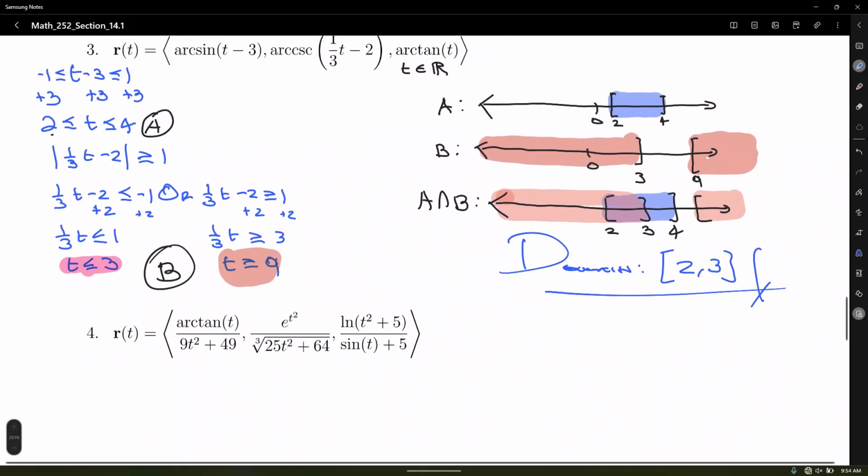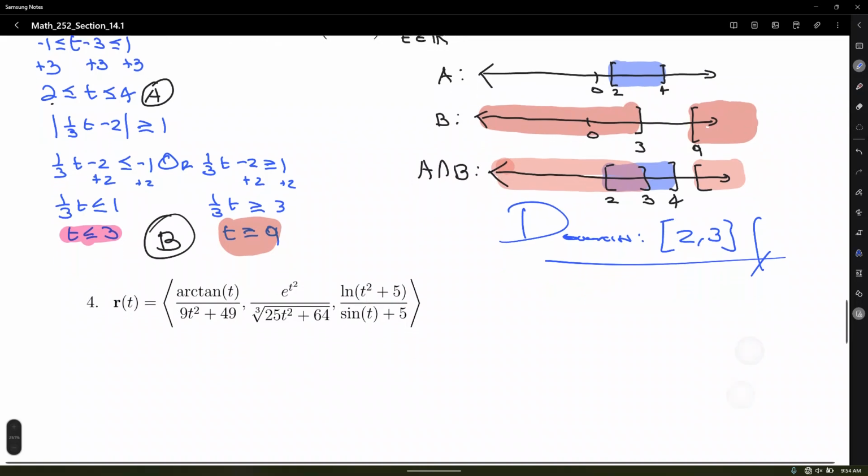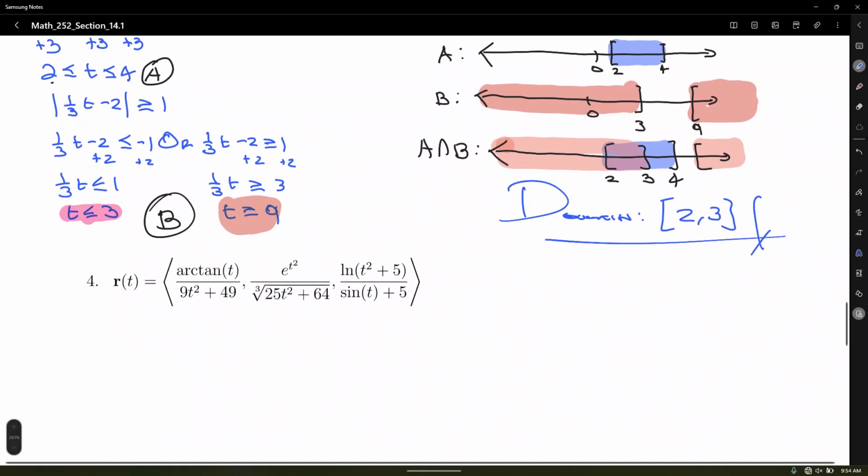All right, what about number 4? Let's have a look at this monster here. Don't let it scare you. I know it looks ugly, but you'll see, you're going to like this one. So, quotients, radicals, logs, trigs. We have a bunch of stuff going on.